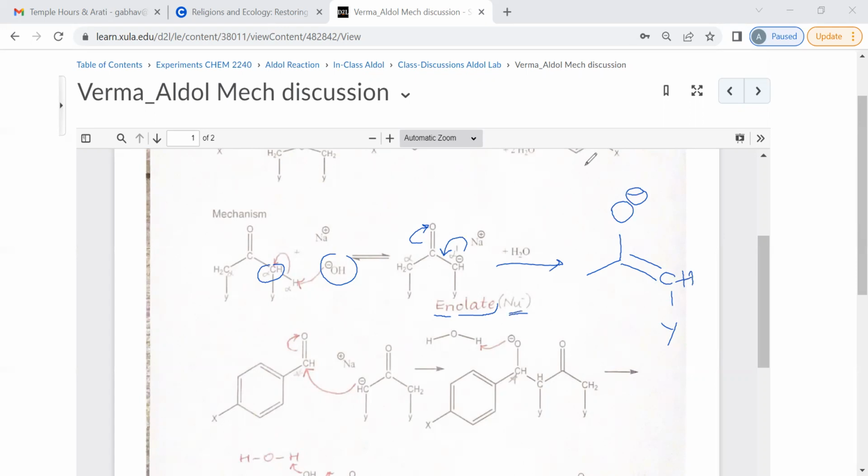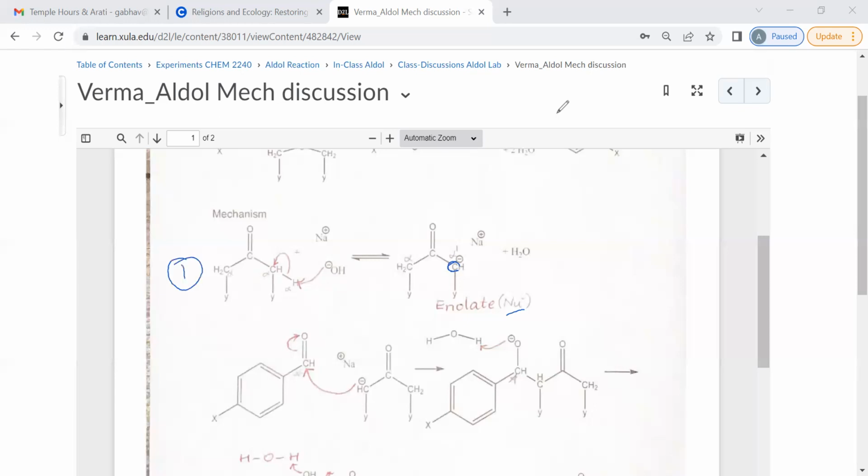So this is going to work as your nucleophile, not at the oxygen level, but at the carbon atom. And so this negatively charged carbon is your nucleophilic site of your aldol. So the generation of a nucleophile is the first step in this mechanism.